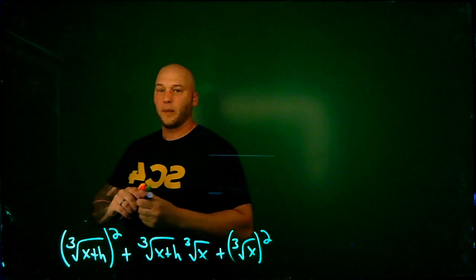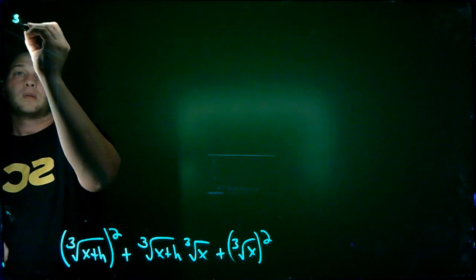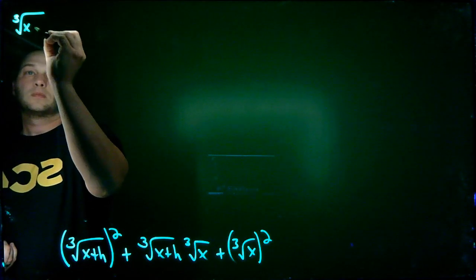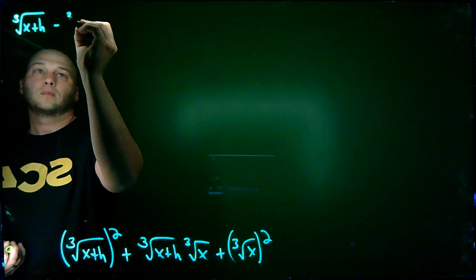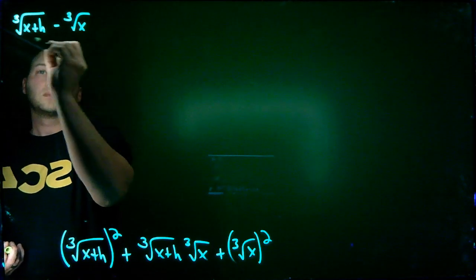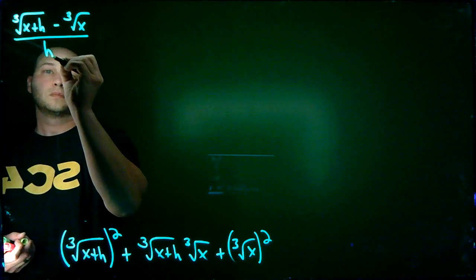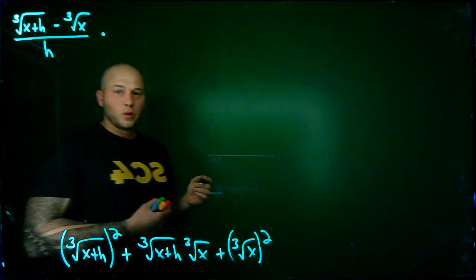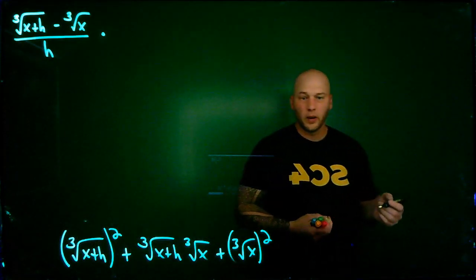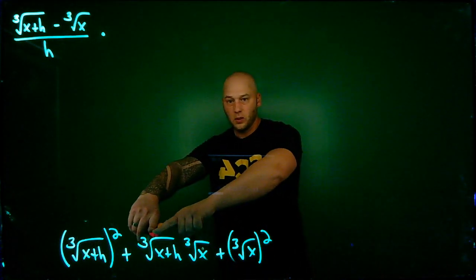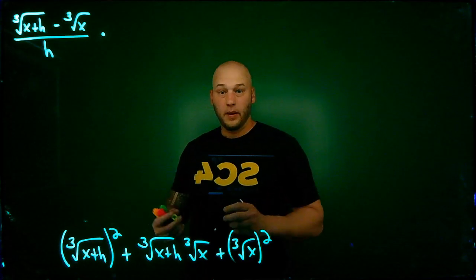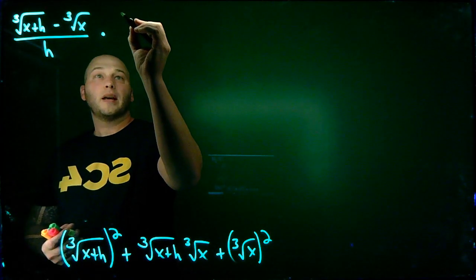Start at the very beginning. This was the expression that I wanted to rationalize the numerator of. So I'll take this whole expression that I have in the bottom that I'm claiming as the conjugate, and I will multiply top and bottom by that.